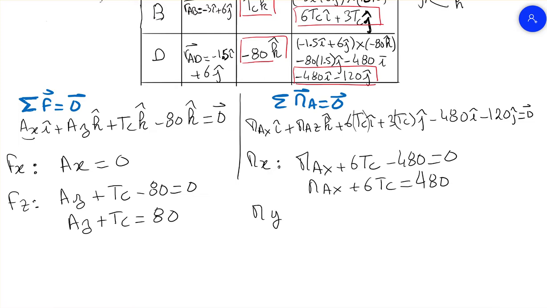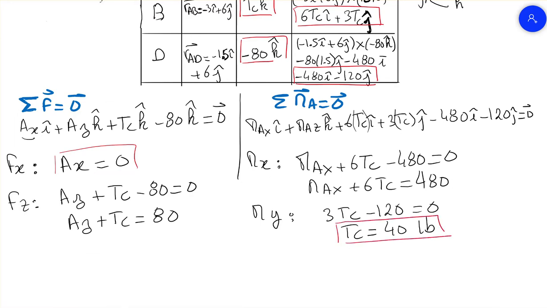On Y, we have 3TC minus 120 equal to 0. So TC is equal to 120 divided by 3, so it's 40 pounds. Woohoo, first answer. This one, final answer.